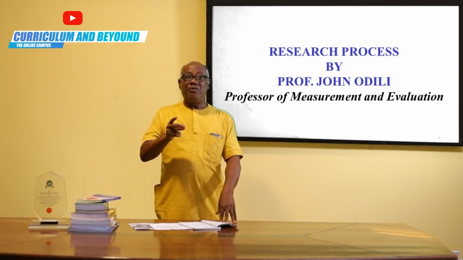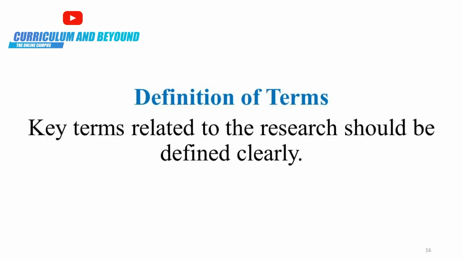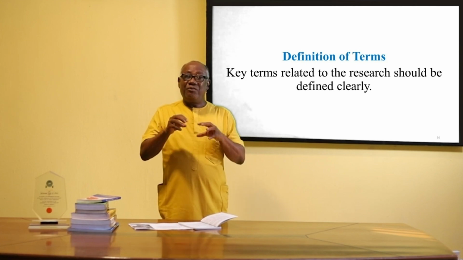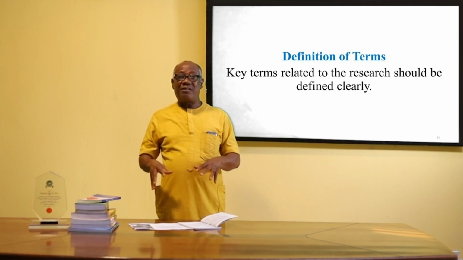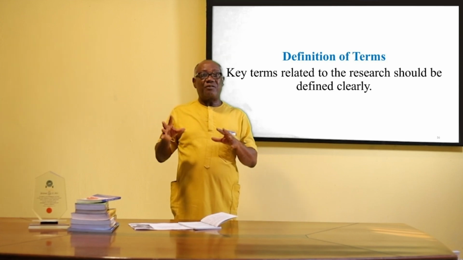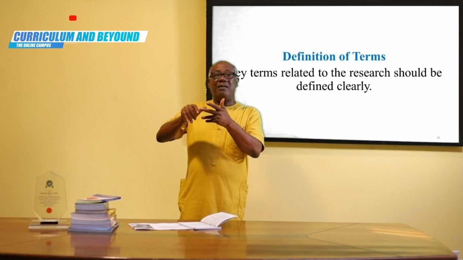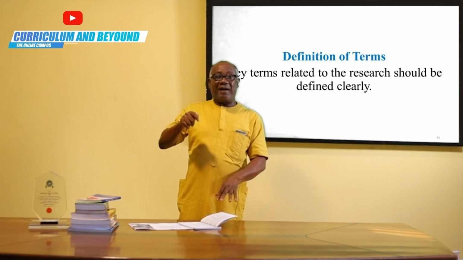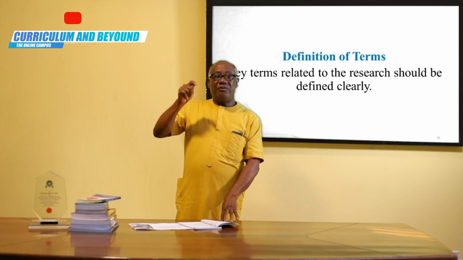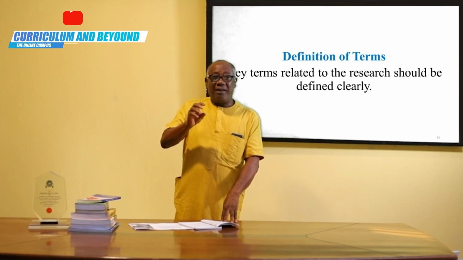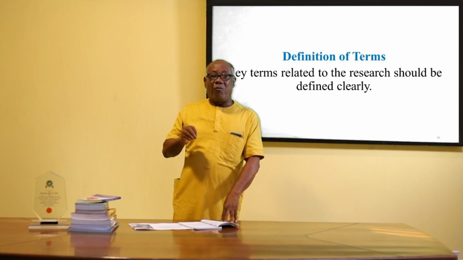Some faculties will say you should write definition of terms. In other words, they say terms that are specific to your study, you should define them as you use them in your research. For some universities, they don't create another section for this. They will say define terms used in a specific way within the body of your work.